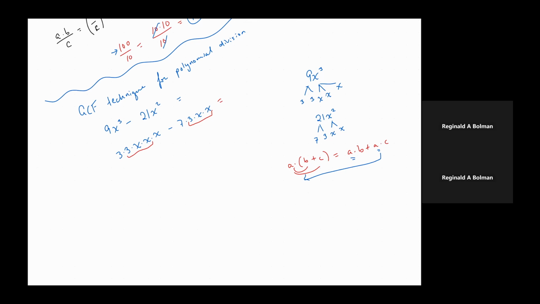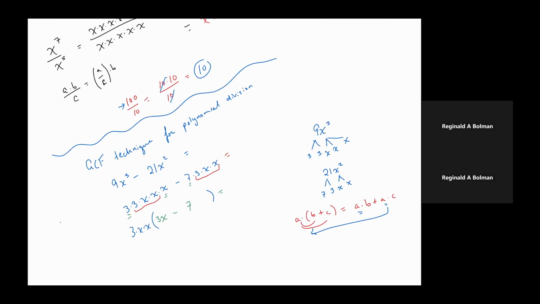So we've got a 3 times x in common. Inside of parentheses, we write what is left over. I've got a 3x and 7 left over. Now you can simplify this if you want to, but for the moment, it's probably best if we just leave our terms in the expanded notation.